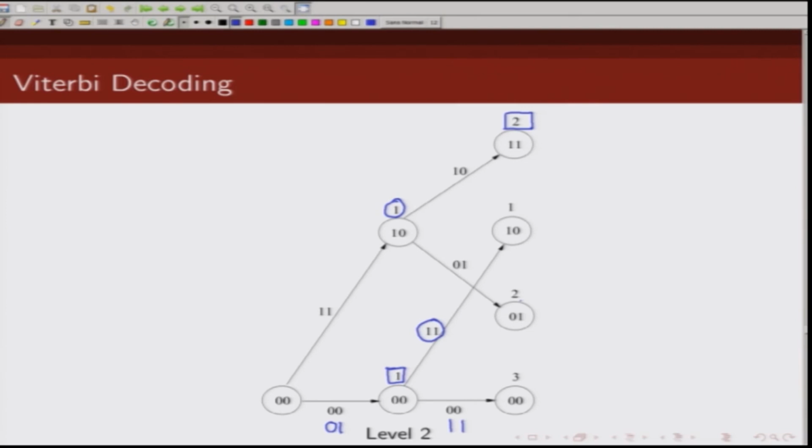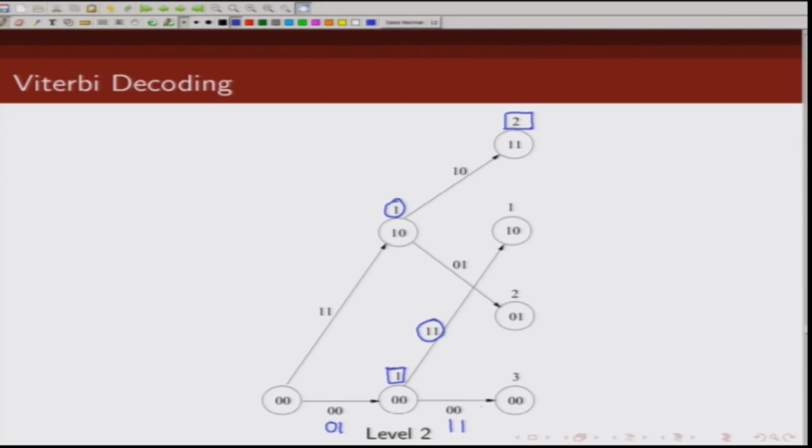Similarly, we can find out what is the partial path metric here. This is going to be partial path metric here plus the branch metric of this. And what is the branch metric of this? This is 0 1 and receive sequence is 1 1. So, it is differing in the first bit location. So, 1 plus 1, that is 2.